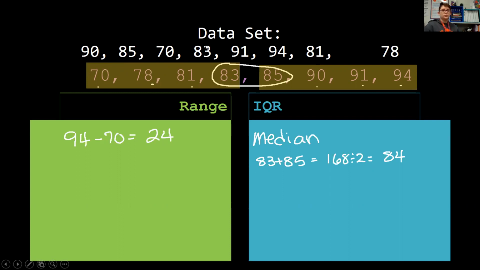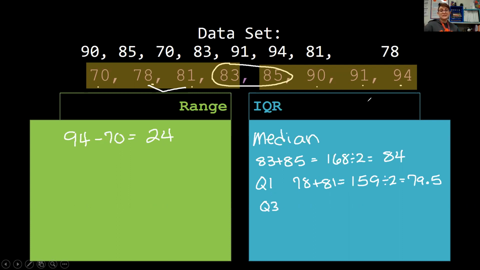So for Q1, that's going to be using 78 and 81. So 78 plus 81 gives us 159 divided by 2, which is 79.5.